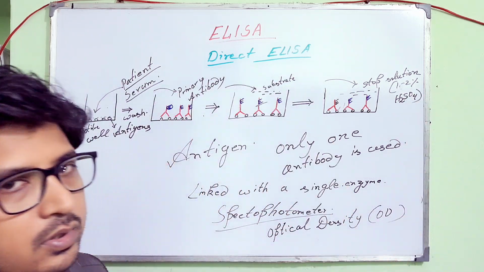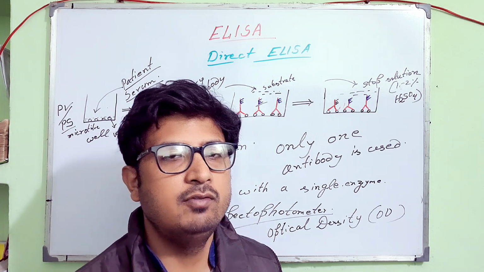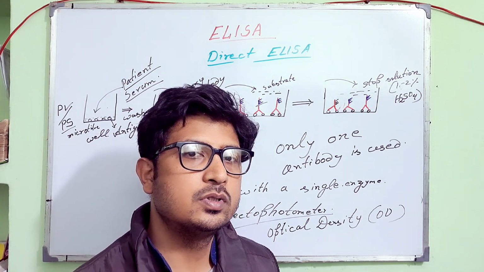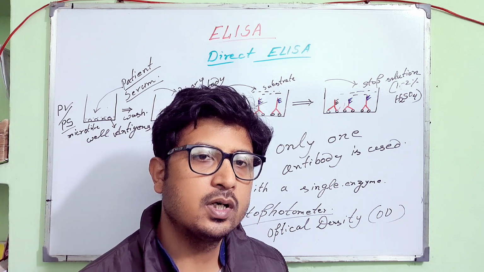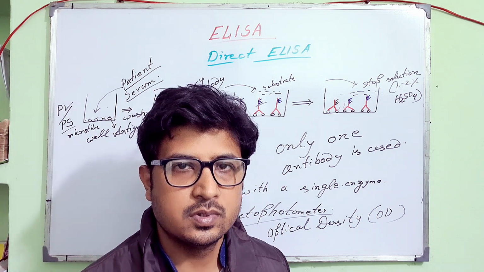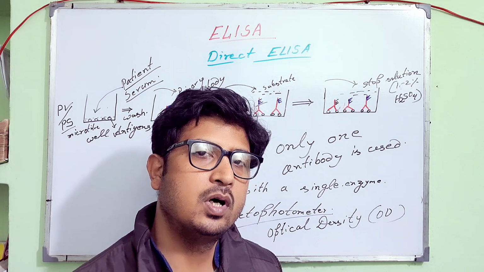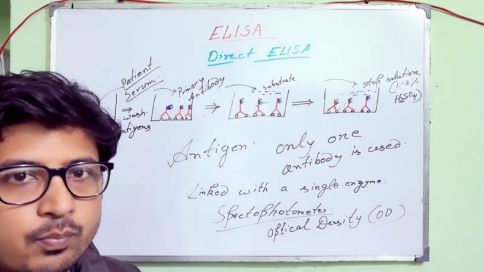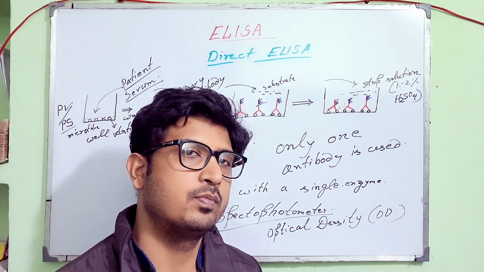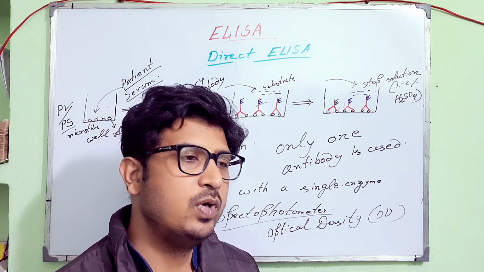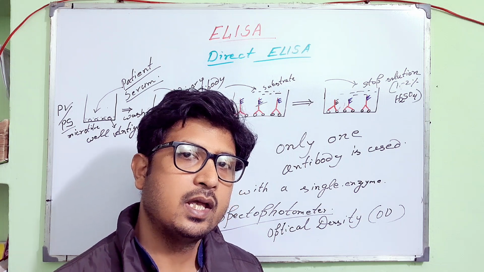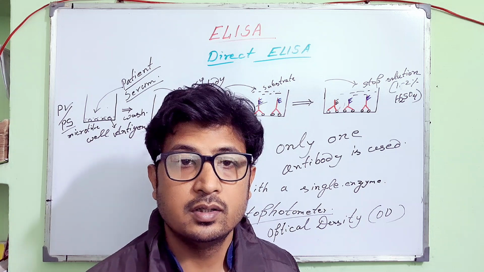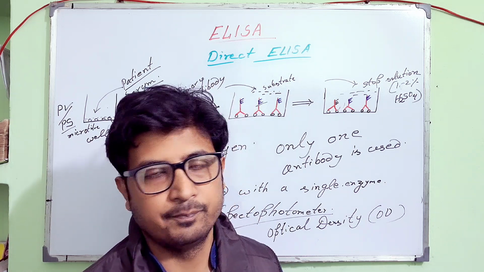This stop solution will stop the enzymatic activity then and there, so that it will not produce more and more color, which would take you from low positive to high positive, a strong reaction. So this is very important. At a particular point after incubation, you have to add the stop solution. Otherwise, a weakly positive sample can show you a strong positive result. Okay, that will confuse the interpretation of the sample.